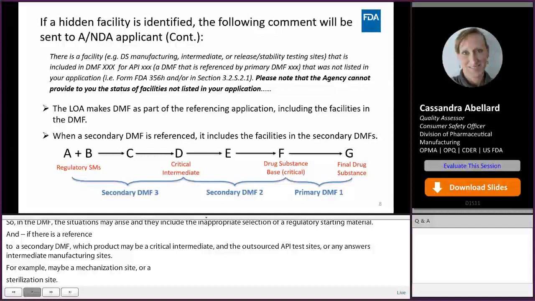That's typically the DMF that is referenced in the application. However, the manufacturing of this DMF may reference other DMFs, which may also contain critical sites that require evaluation. If these secondary or sometimes even tertiary sites are not listed, we can't share the facility information with the applicant.